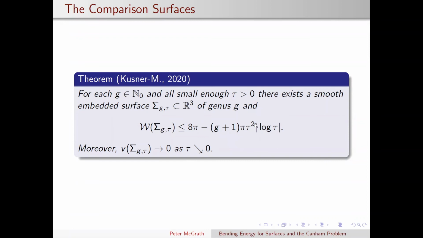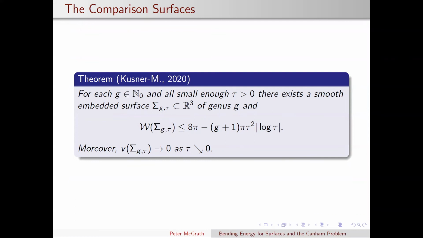And so we subtract something positive. So tau squared log tau, as tau goes to 0, is also going to 0. So the smaller the bridges are, the less that we lose, but we still always get below 8 pi. And when we do this, the isoperimetric ratio is going to 0 because I have less and less volume enclosed. So this is the end of the story for the existence part.